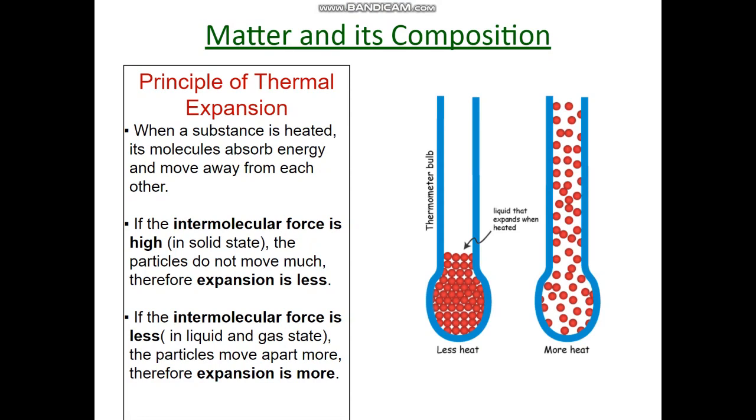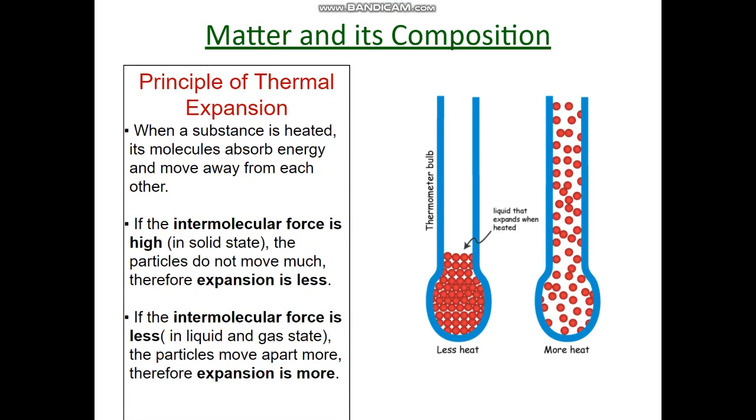This principle I have tried to show you through a diagram also. On the right side, you can see the diagram of a thermometer bulb. In the thermometer bulb, as you know, mercury is filled. Mercury is a type of liquid, a metallic liquid, you can say.